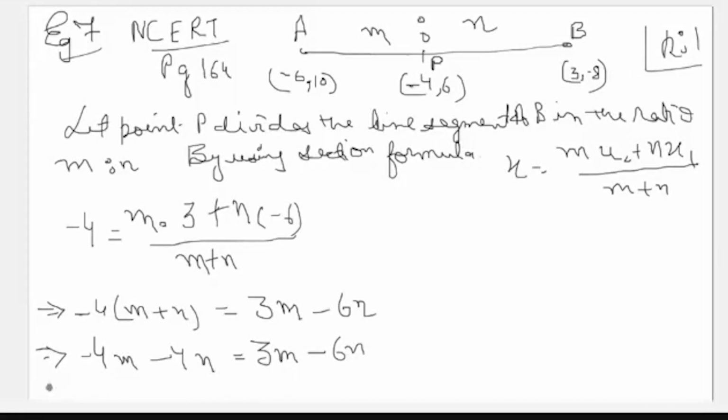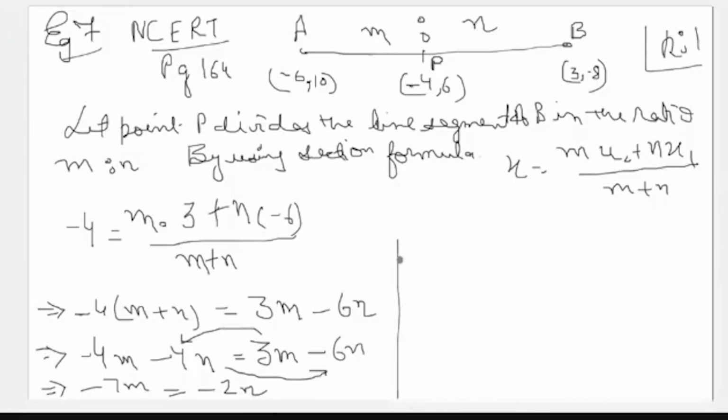Now separate out m and n. What will you get? -7m, since this 3m will come here, and the n term will go this side, and -6 plus 4 is equal to -2n.